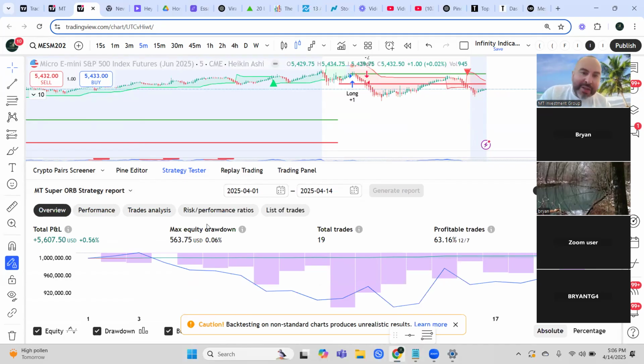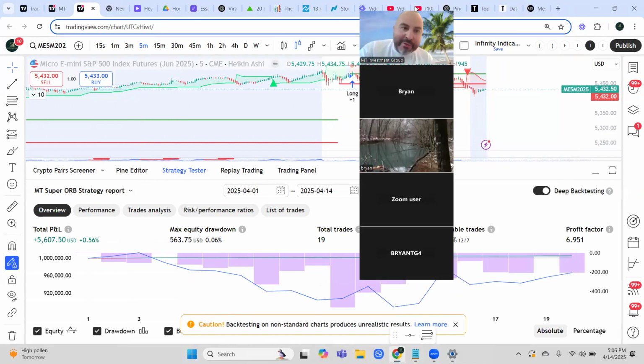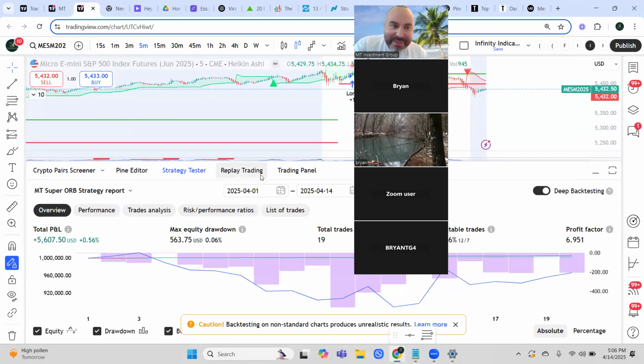Now, granted, this is back testing, so it's not going to be 100% accurate, but it'll at least give us a good idea of how this thing is doing.